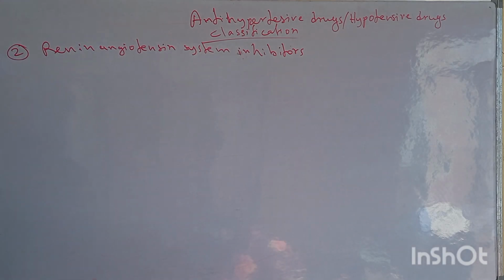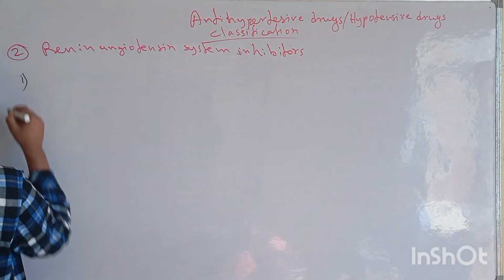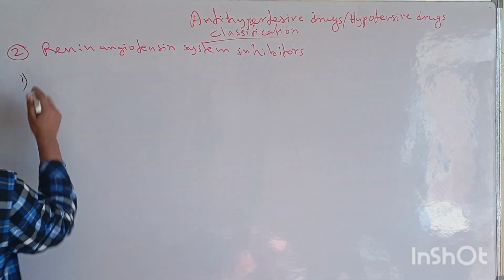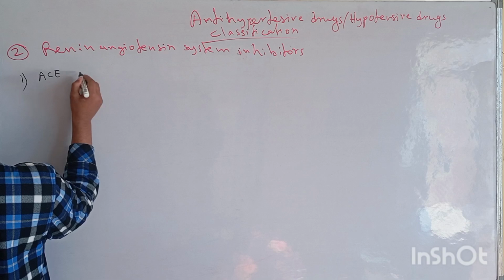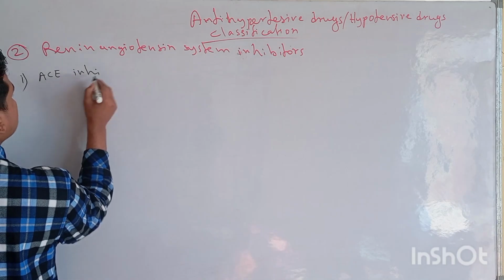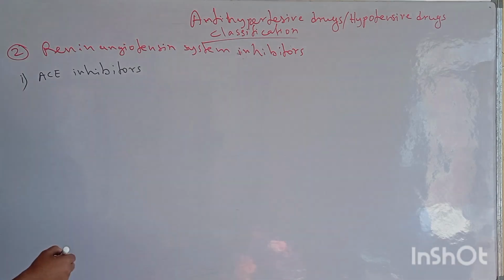Here also there are three subcategories. Number one will be angiotensin converting enzyme inhibitors, ACE inhibitors.